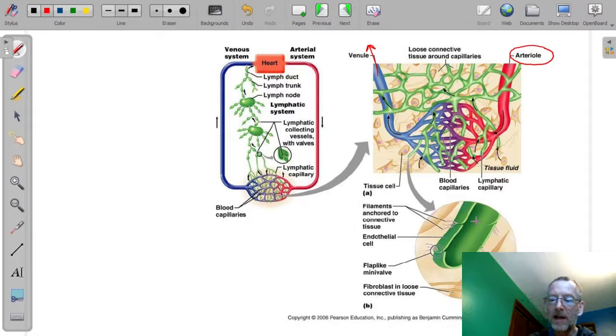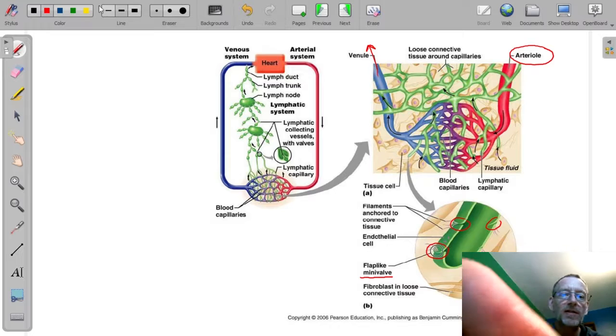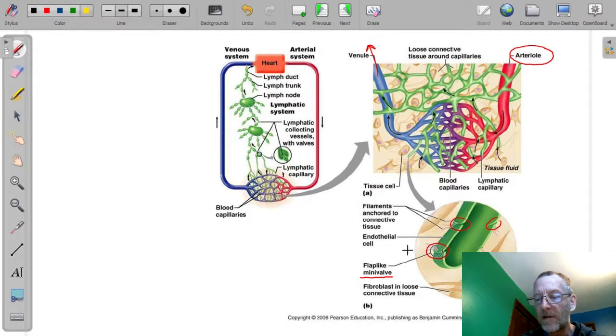There are tiny little valves in the lymph vessels that allow lymph to enter from the interstitial fluid. So if this is the ISF, some of that interstitial fluid is then able to enter through those flaps, and at that point we call it lymph. So it's the same fluid, but it just goes through a name change.